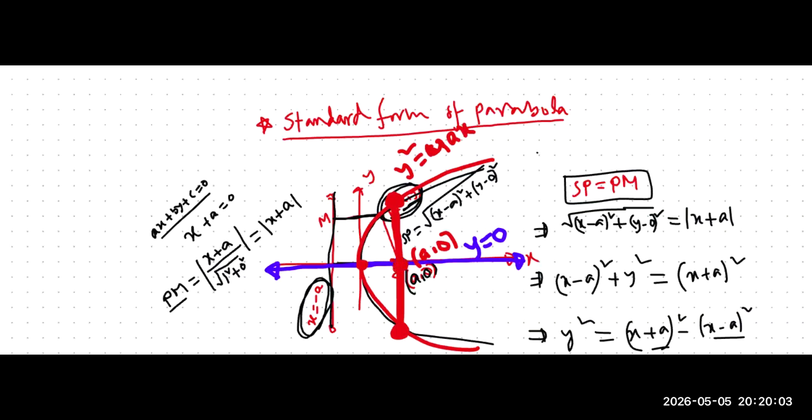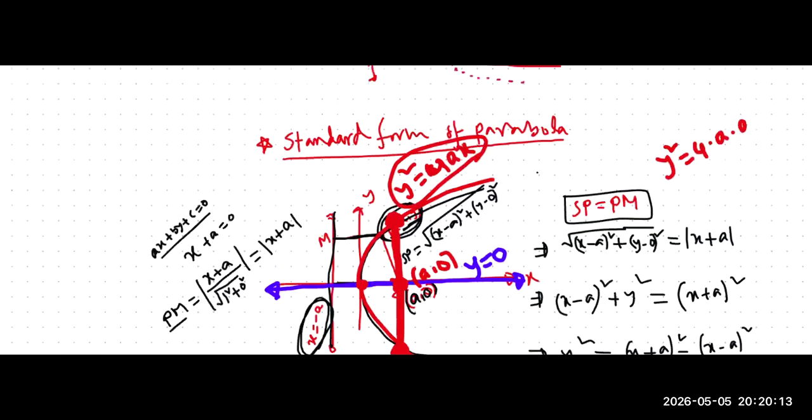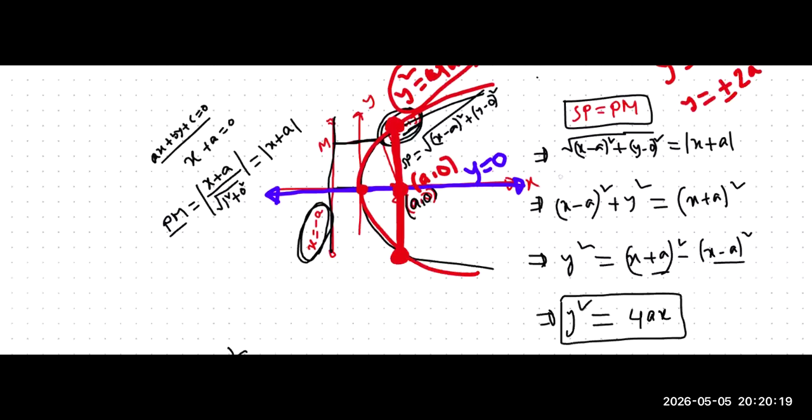So if you put x is equal to a in this equation, that is y square is equal to 4 times a times again a. So y is equal to plus minus 2a. So the coordinates of these 2 points are a comma negative 2a and a comma positive 2a.